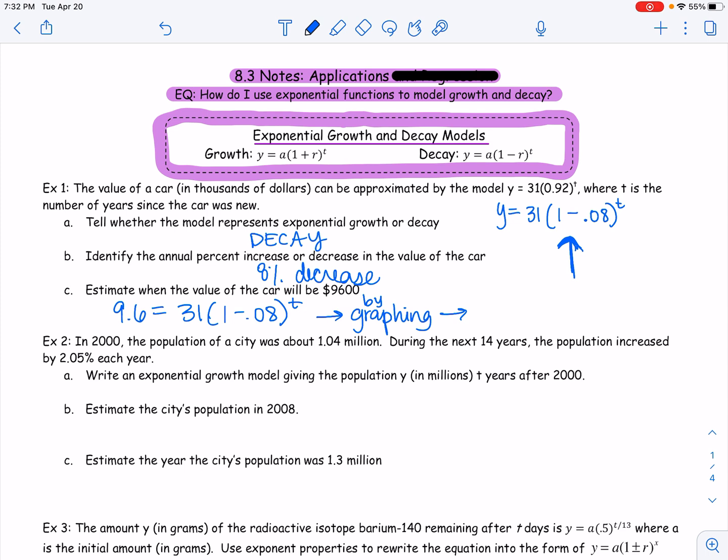The reason you want an X calculation is because you know the value of y. You want to know what the X value is when y is 9.6. So if you go to G-Solve or calculate, and you go to X calculation, it's going to ask you, what's the Y value? You will enter 9.6, and then it will show you that exact point on your graph, which is about 14 years.